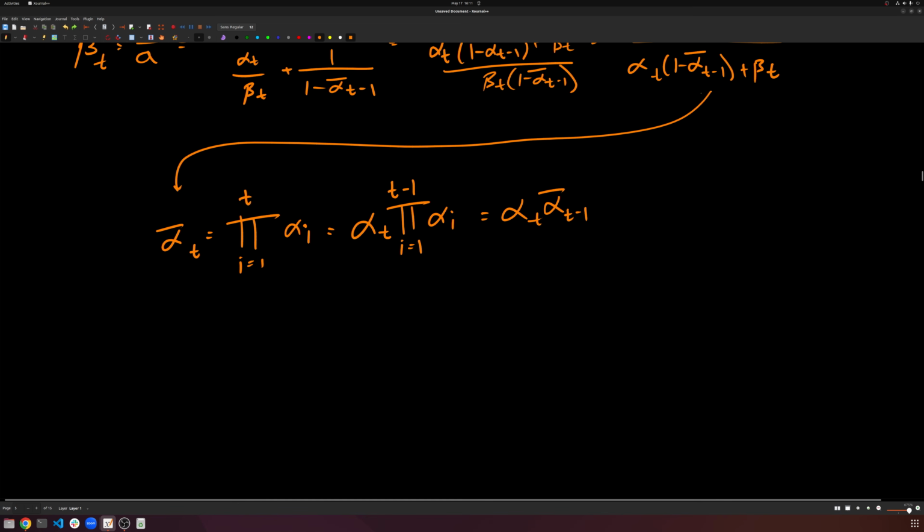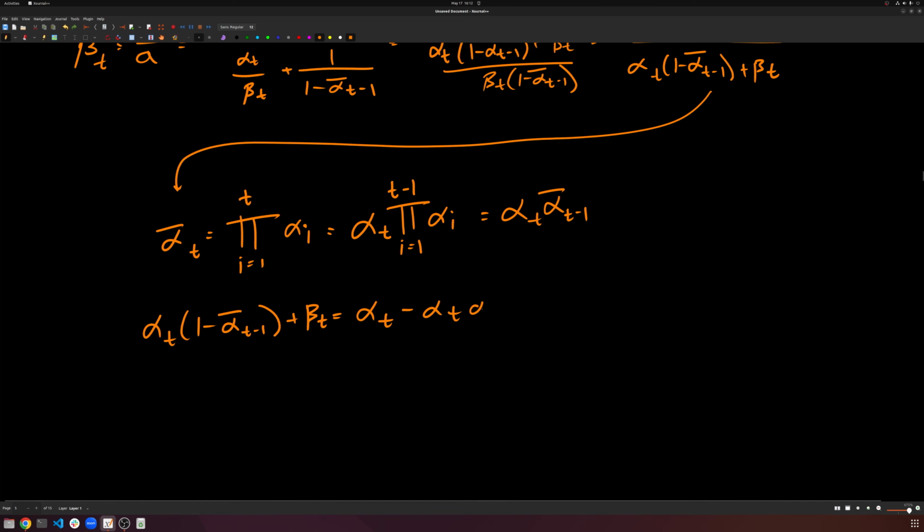Which means we can now simplify a little bit. Let's just do the denominator here. Alpha t times 1 minus alpha hat t minus 1, plus beta t. That's going to be alpha t minus alpha t alpha hat t minus 1, and of course we have our beta t.